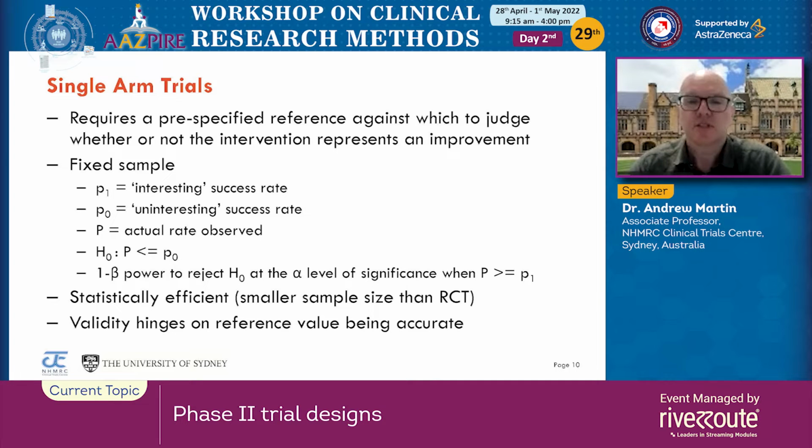At the conclusion of the study, we then evaluate the observed success rate against the benchmark and decide whether or not we've got a result that is superior to the uninteresting success rate, this P0. So, you know, straightforward, statistically efficient. It gives rise to sample sizes that are smaller than a randomized controlled trial.